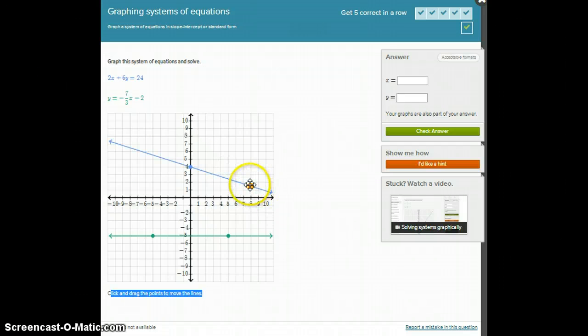But because 12 is beyond this coordinate plane, we're going to have to use another point, for which I recommend, for instance, to use 9. Let's see what happens when x equals 9 in this equation. You can do it mentally. 2 times 9 would be 18, plus 6y equals 24.